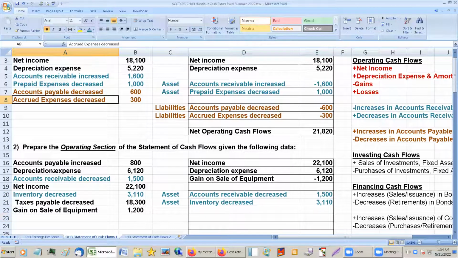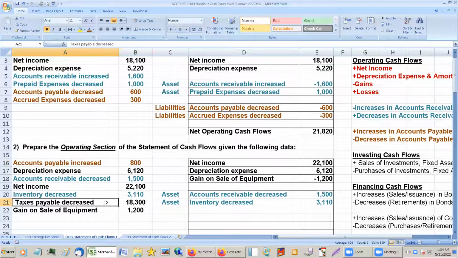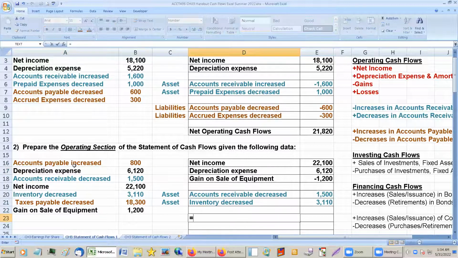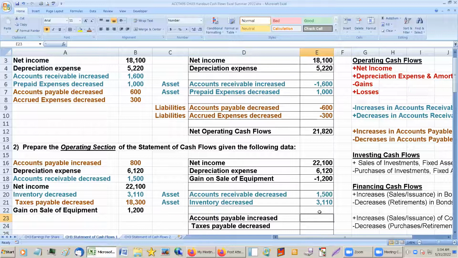Liabilities: accounts payable, taxes payable. These go in the same direction.